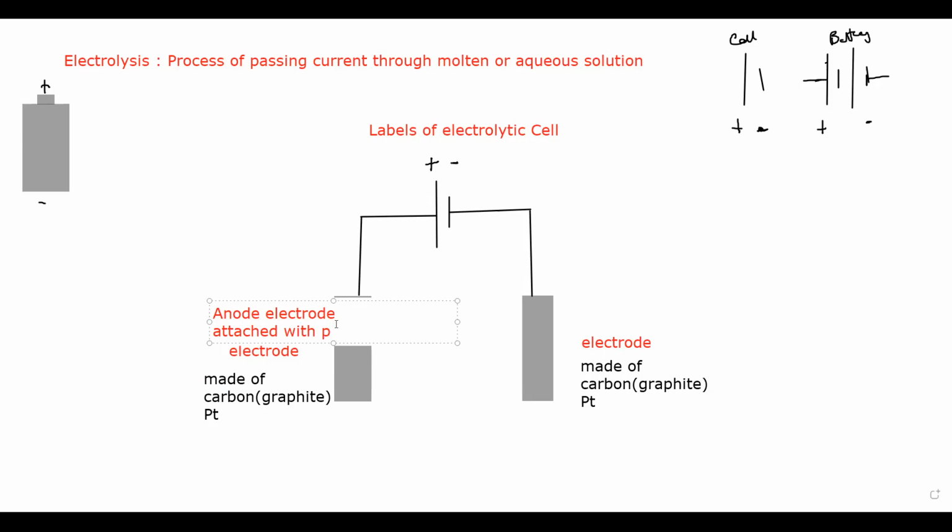An electrode is simply a plate. There are two plates in an electrolytic cell. These plates are known as electrodes, and they are normally made of carbon or platinum.